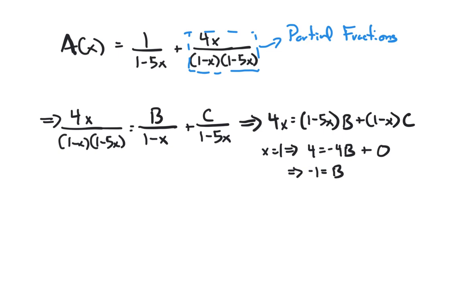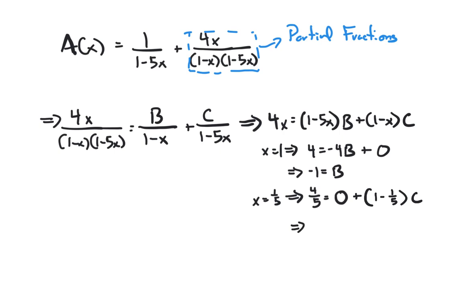And to solve for c, we can do something similar. To make this term 0, x needs to be a fifth. So we'll set x equal to a fifth. So we get 4 times a fifth, which is 4 fifths, equals, well, if we plug a fifth into this term, we get 0 by design, plus 1 minus a fifth times c.